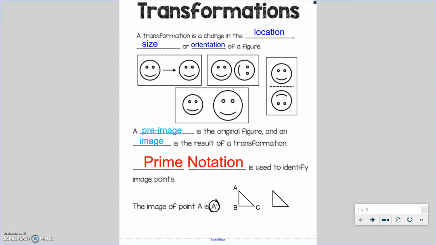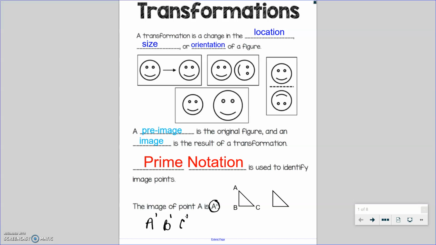So you'll see an apostrophe, and that means B prime, C prime. Anytime you have the apostrophe, anytime you have the prime notation, that means that is the new image. That is the image. If it does not have the apostrophe or the prime notation, that means it is the pre-image or the original figure.